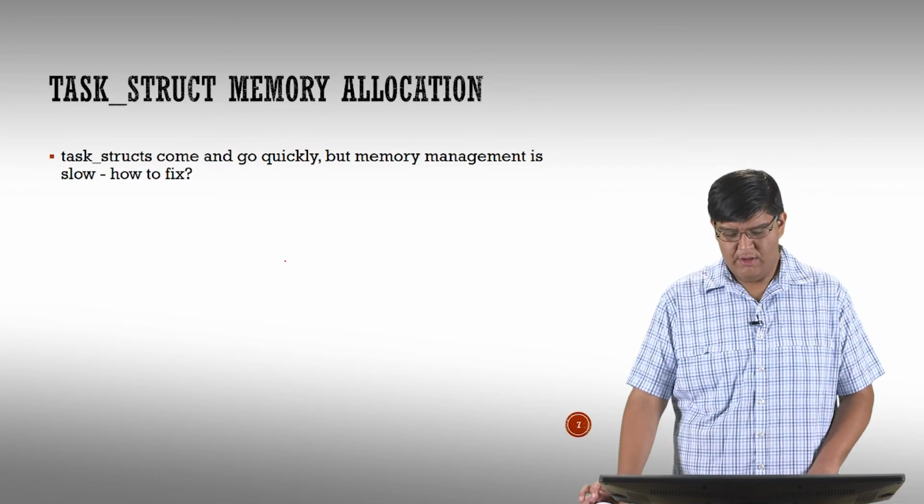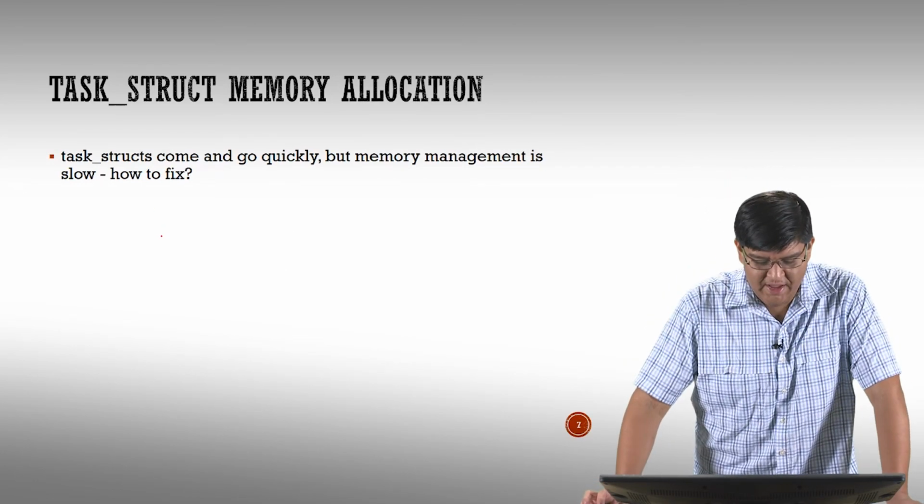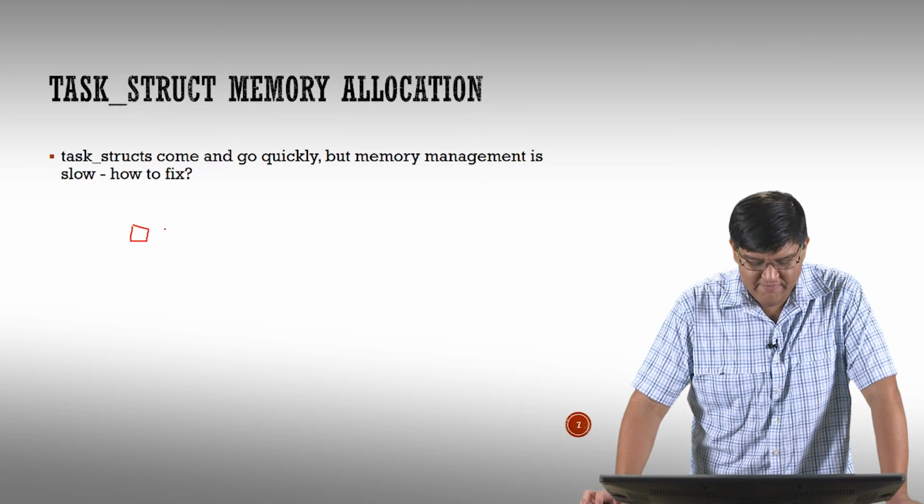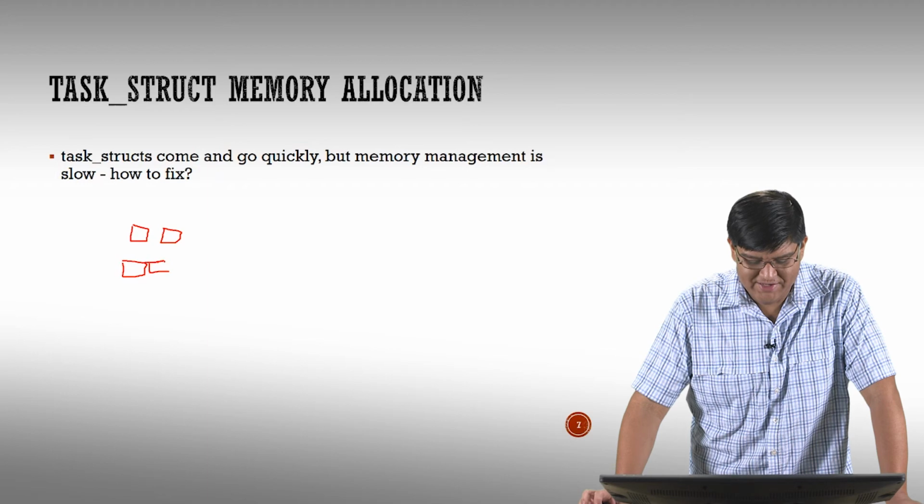So one thing they usually do is they have this idea of maybe I have some task structs that are live, right? Things that are running in my system. So let's just draw a few boxes here, and let's say these are task structs active. Right, so these are things that are running.